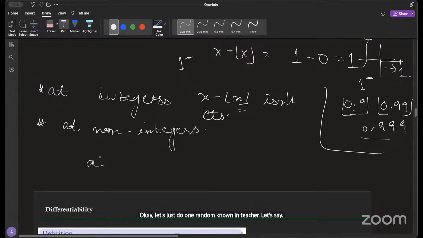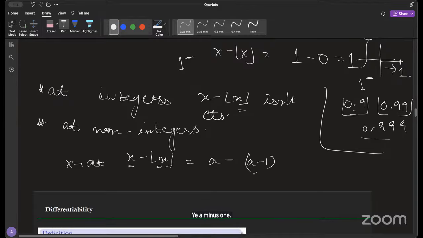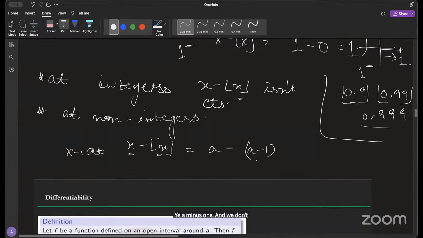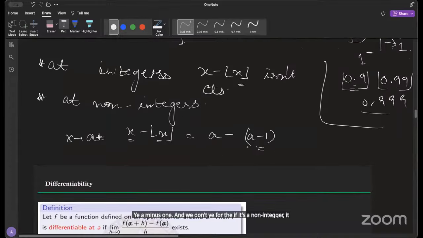Let's say a is a non-integer, and if you go a plus of x minus greatest integer x, what would you get here? It will be a, right? And here, a minus the integer part of a, sorry, the decimal part.